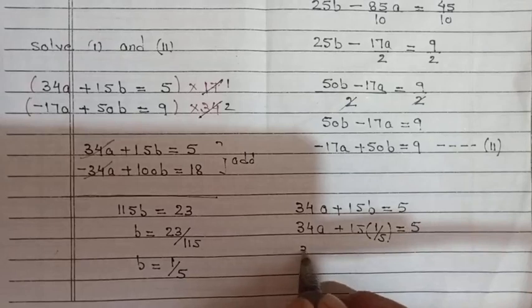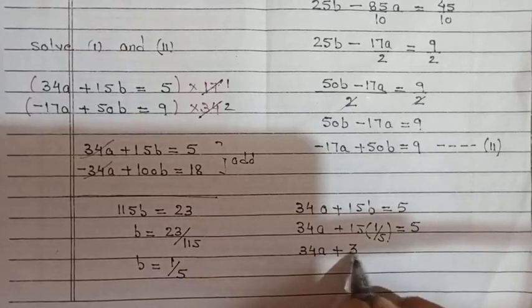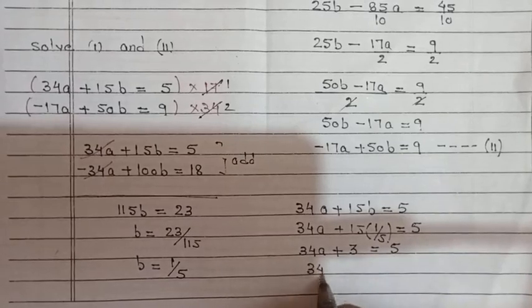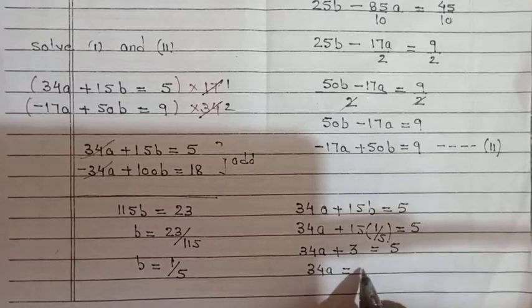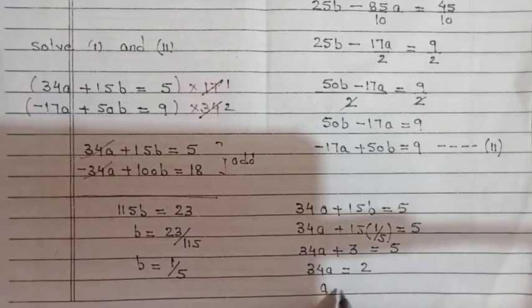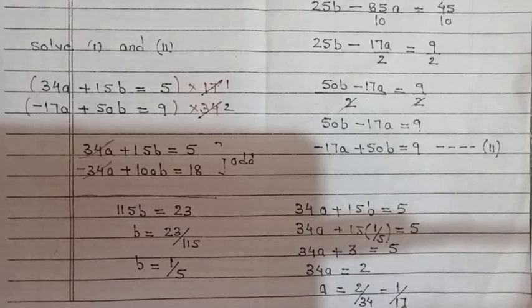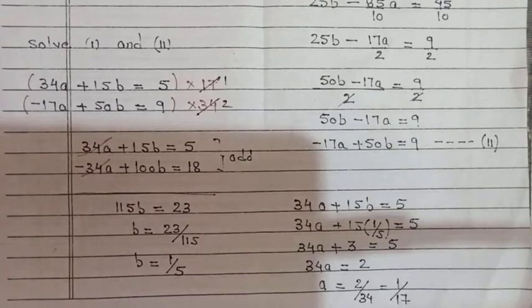So you will be getting 34a; this will reduce it 3 times. So 34a is equal to 2. So a will be 2 by 34, that is 1 by 17.